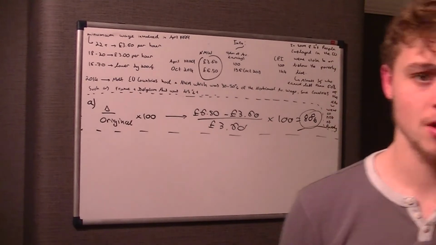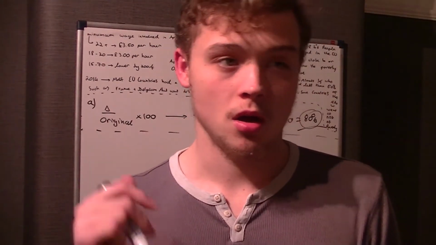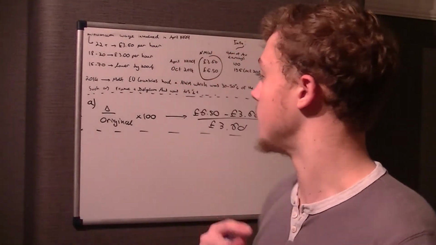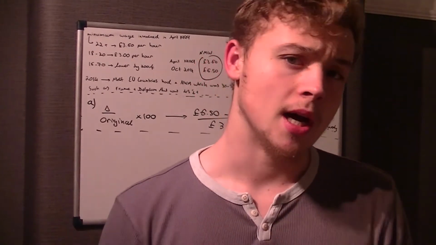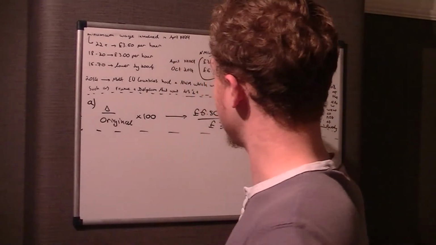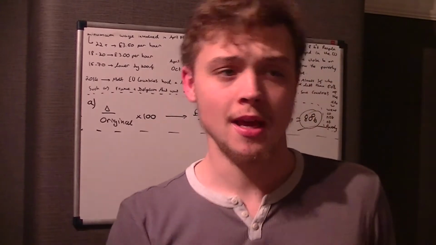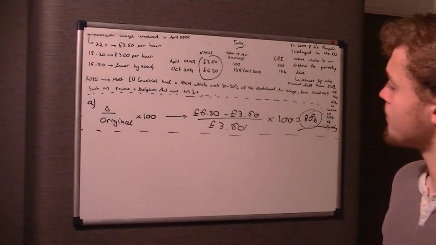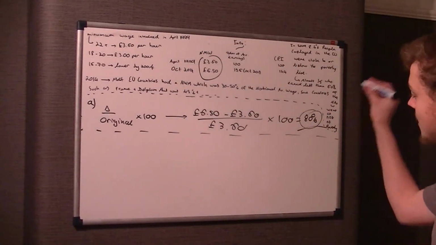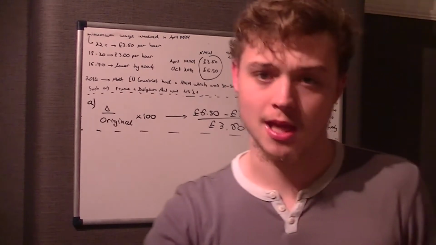Now it's the increase with inflation, because obviously prices have increased and they've been included in the wage increase as well. It didn't say the national minimum wage, it said the real national minimum wage. Otherwise, why would it be asking us to calculate this question? So yes, that is the increase in the wage, but it's the increase in the distorted wage.